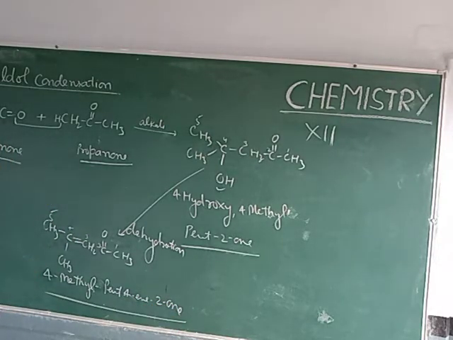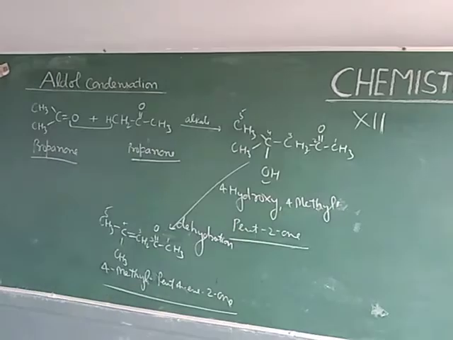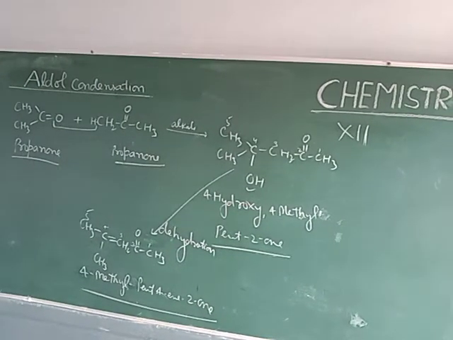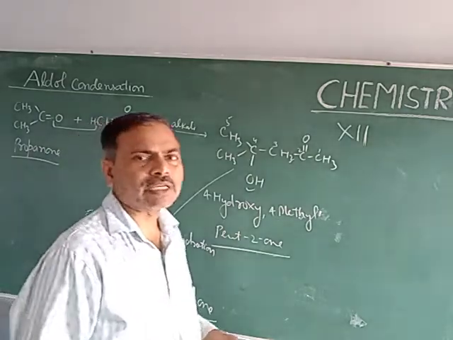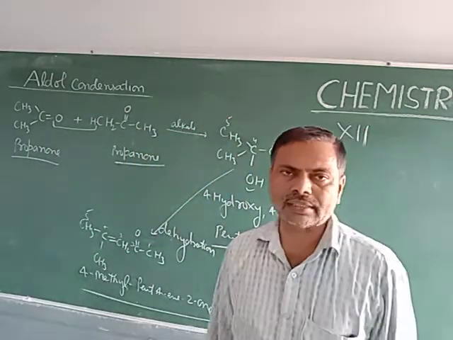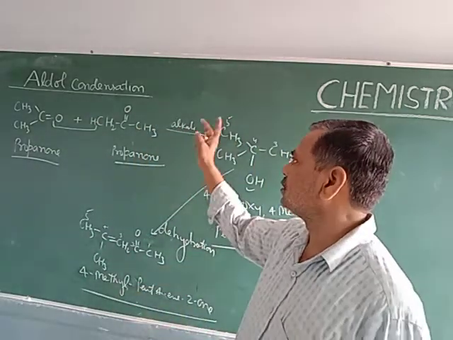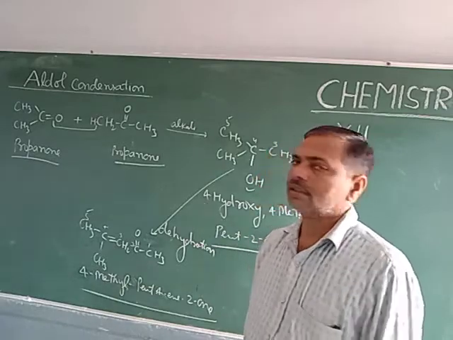This is the final product of the aldol condensation reaction taking place between two molecules of acetone. Yesterday I had given the aldol condensation taking place between two molecules of ethanal or acetaldehyde. This is the reaction taking place between acetone.